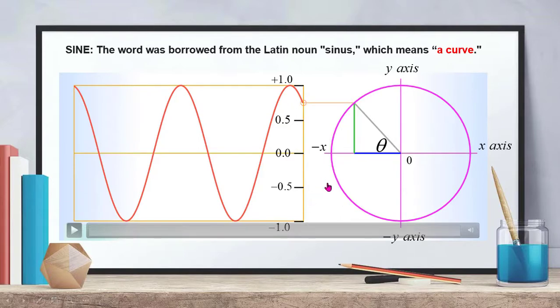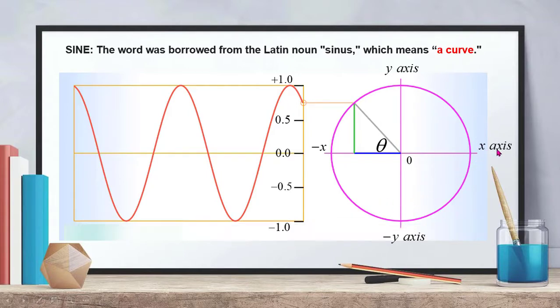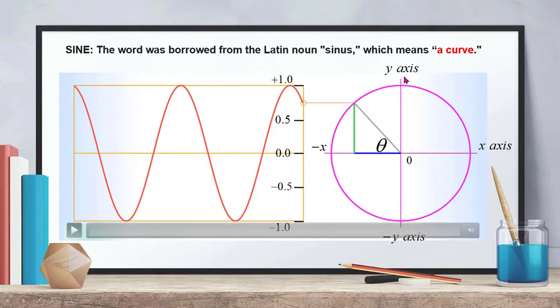Also on this diagram is a circle. Notice the axes. We've got the x-axis, the y-axis, the negative x-axis, and the negative y-axis.